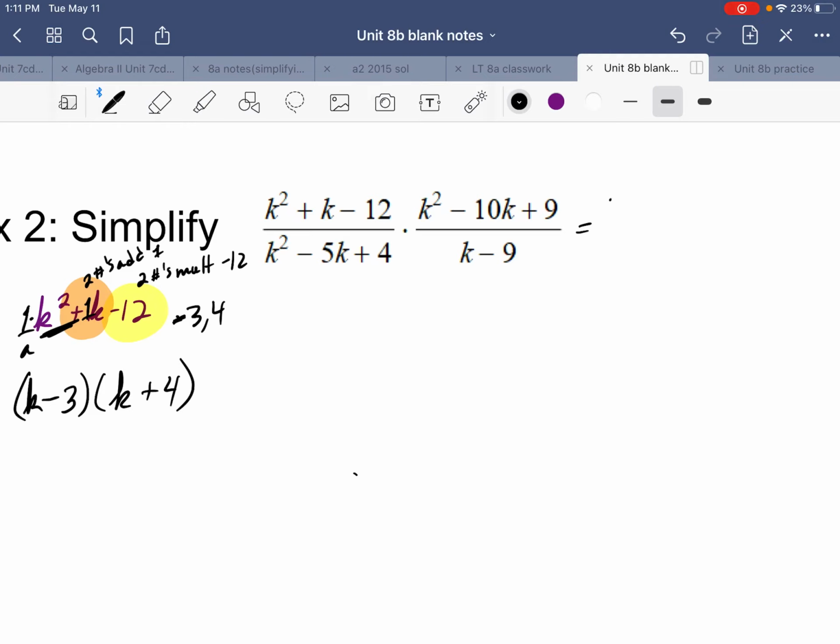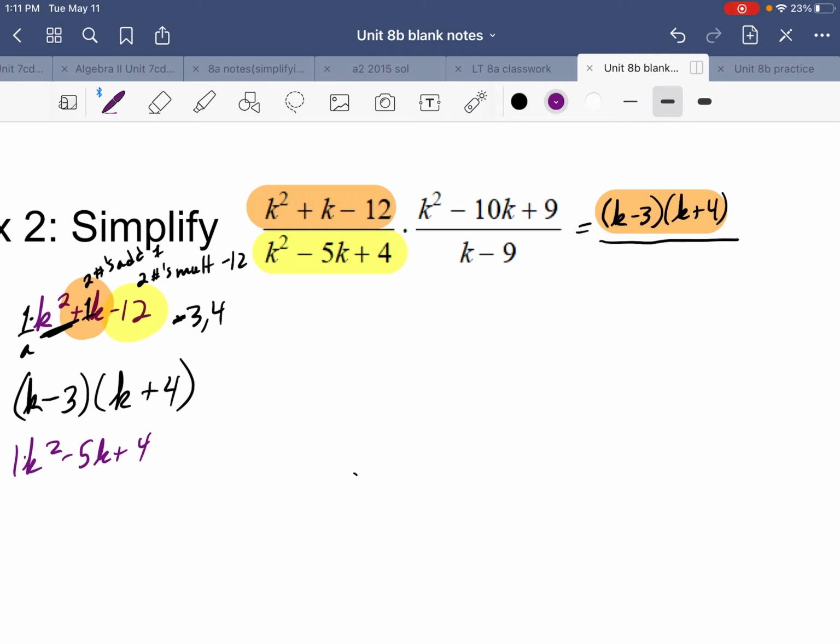So I'm going to write that first trinomial, rewrite it in factored form. I'm going to look at the denominator next. k squared minus 5k plus 4.